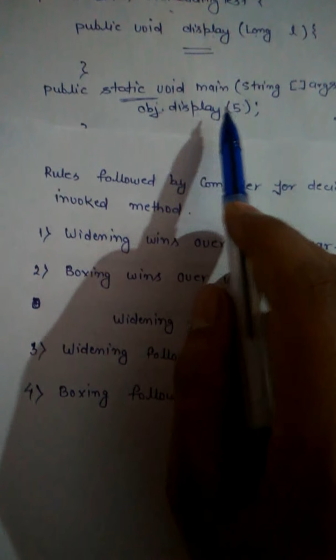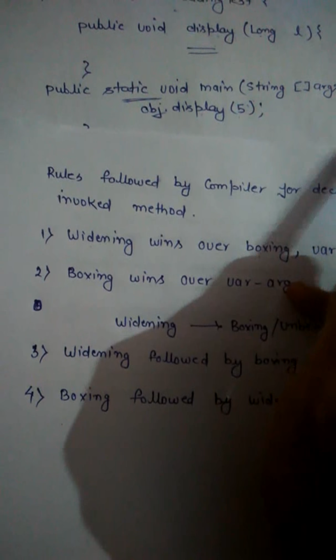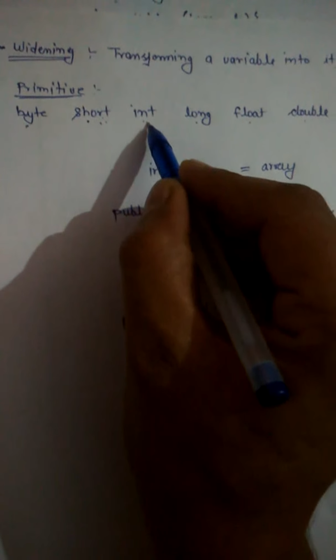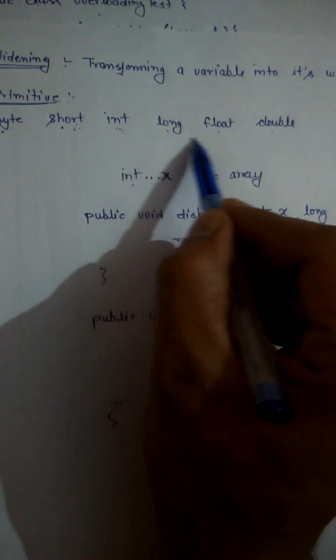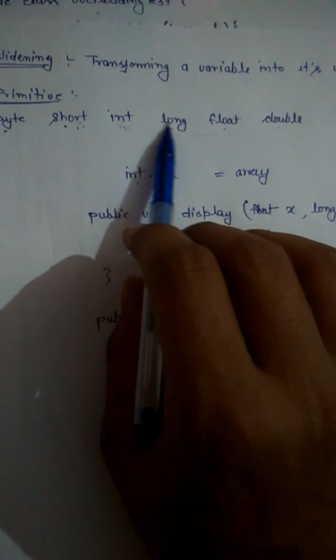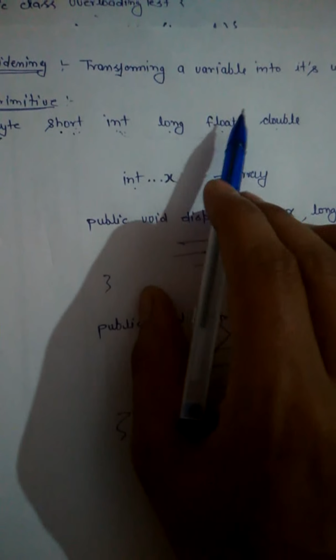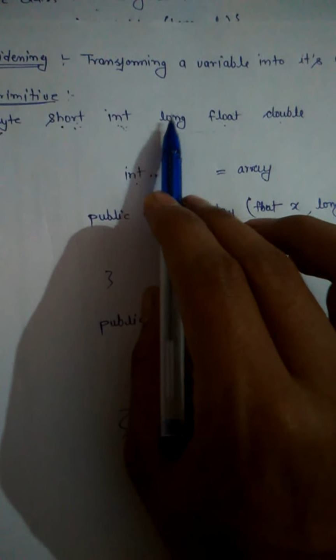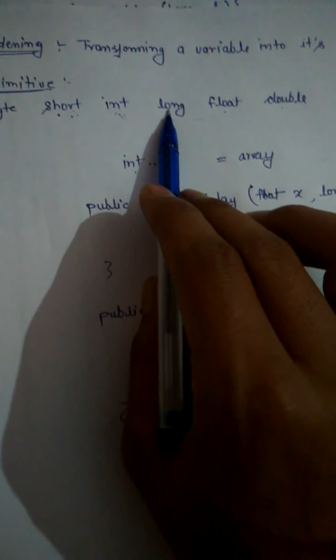What are the widened types of primitive integer? We have seen that the widened types of primitive int are all the types on its right-hand side: long, float, double. This is the primitive type long, not the reference type Long.